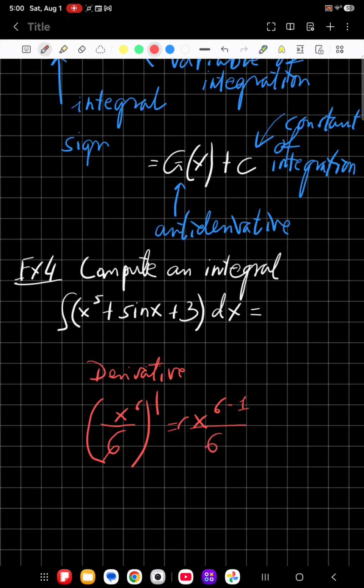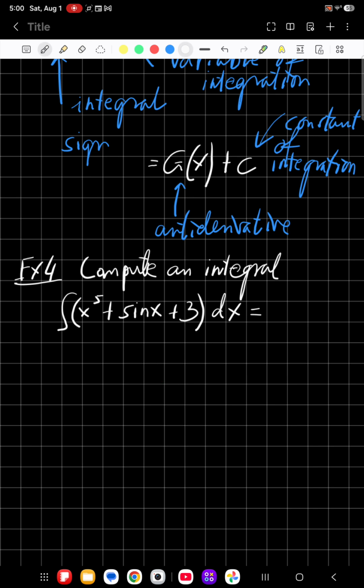And there was a 6 in the front also, so the 6's cancel out. It's just x to the 5th over 1, and that's x to the 5th. I hope you understand what I'm talking about. If you don't, in a moment I'll give you a formula for doing those integrals.